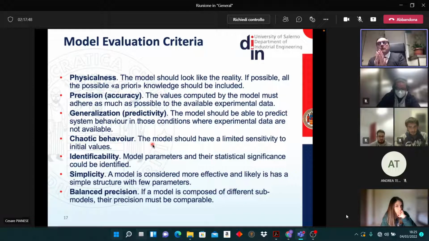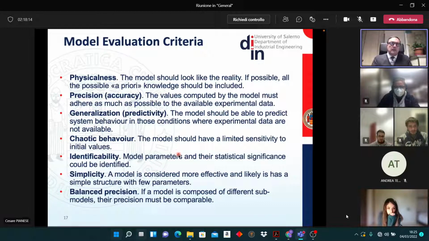But you may also have problems in the data according to the initial value because of the strong non-linearities of your model. Perhaps we will not have the chance to show you this example, but I can provide you with some information. Then before ending, we should talk about identifiability.